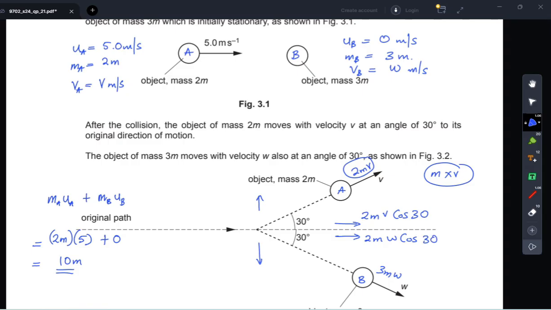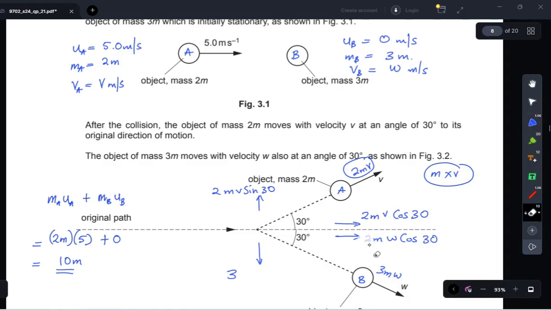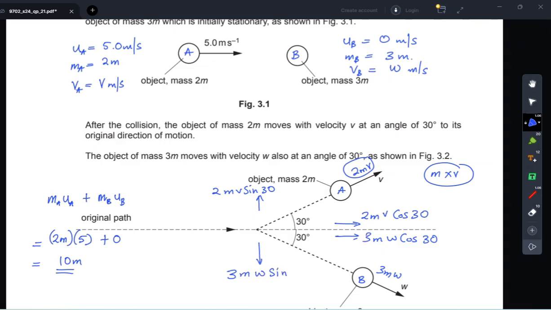Then for the vertical component, this is 2m v sine 30, and downward we have 3m. Okay, I made a mistake there, it's not 2m, this must be 3m. Sorry about that. 3mw sine 30 degrees. Quite interesting.